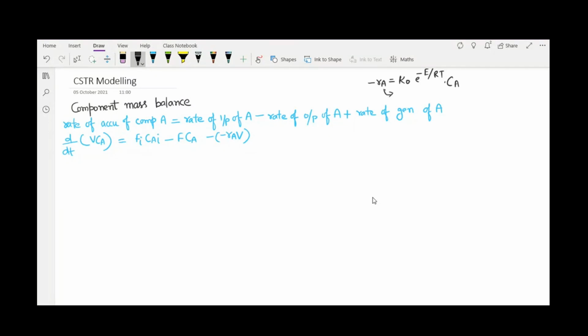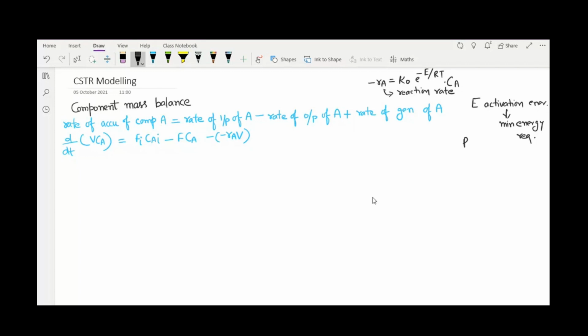Ra is the reaction rate, and here E is the activation energy. Activation energy is the minimum energy required for the reaction, and R here is the universal gas constant.